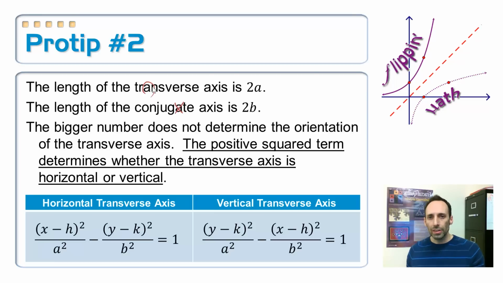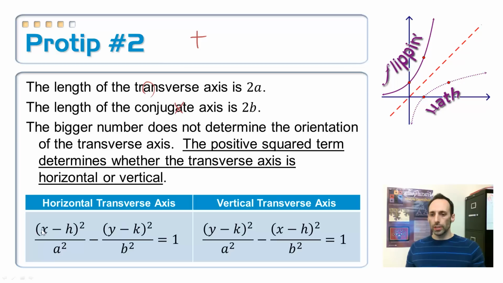So here's something else that's pretty easy to remember. Look at the difference between the t and the c. The t looks kind of like a plus sign, right? Which is the positive. So putting those things together, the a goes with the positive term, which is on the transverse axis. And you can see that play out right down below, on this one.